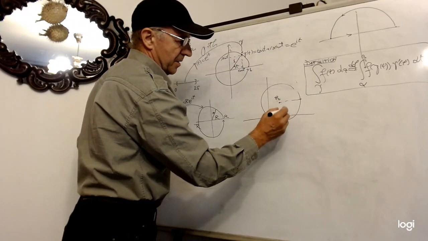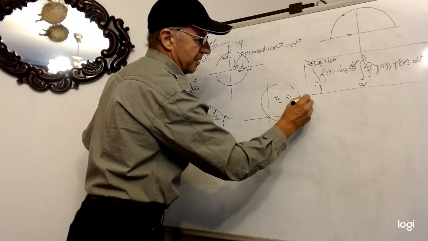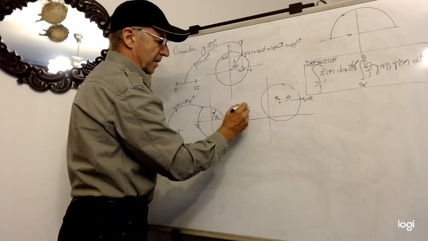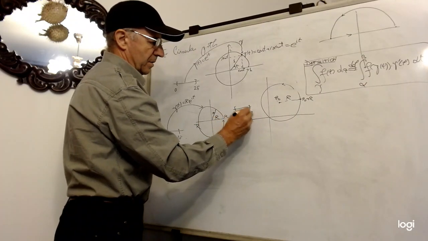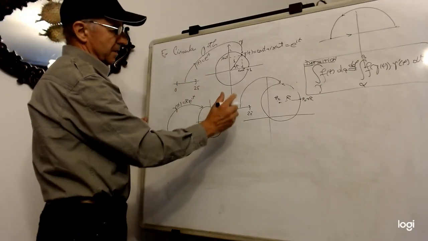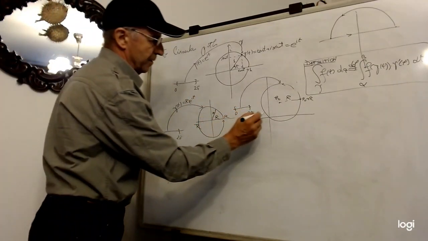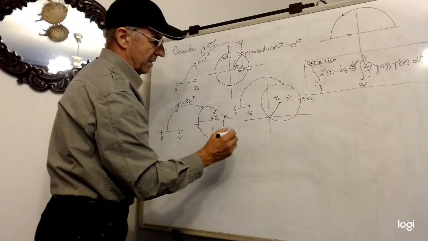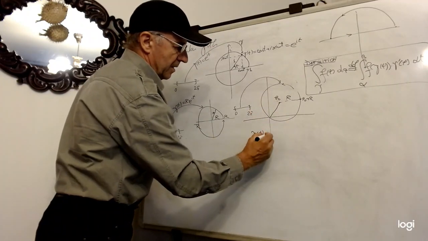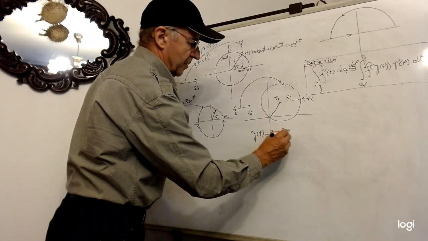Here is z0, radius r, so here will be the point z0 plus r, and we describe the sense on the path. Again, we use 0 to pi. This is just this circular path, but translated by z0. So in this case, gamma of t, in order to describe this path, is a translation of this one, it is z0 plus r exponential of it.